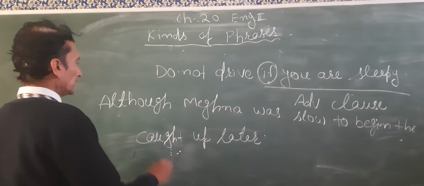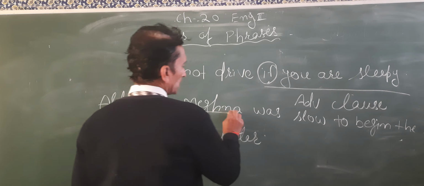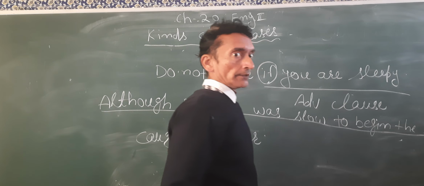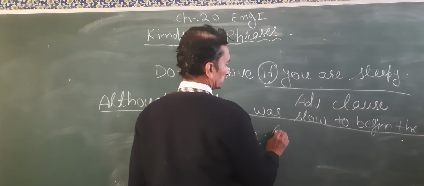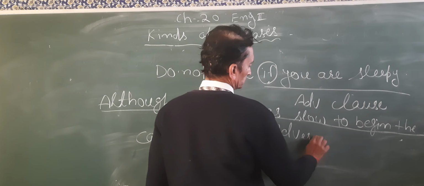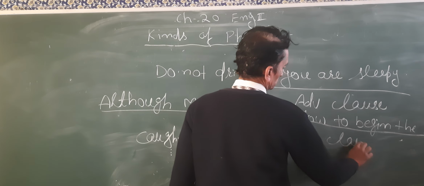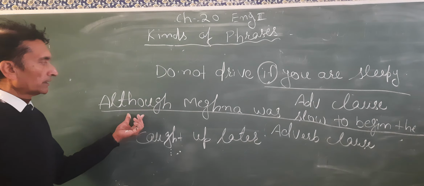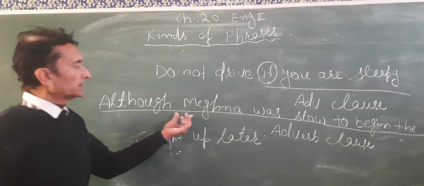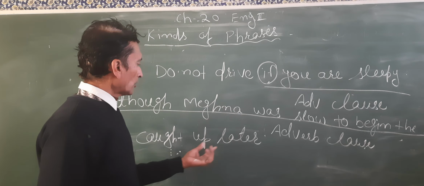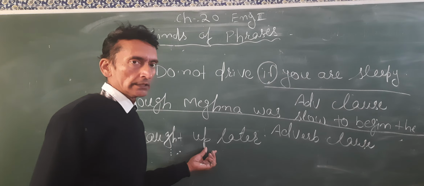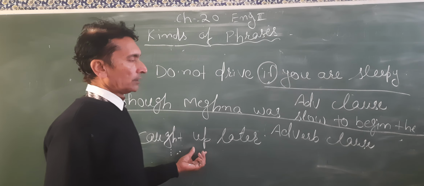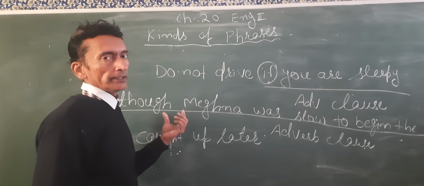In this sentence, although Meghna was slow to begin the race is our adverb clause, because the adverb clause begins with the subordinating conjunction although, and it depends on the main clause, she caught up later. It is showing condition.